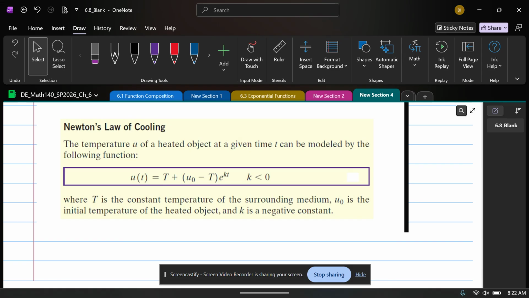This stuff's fun because y'all ever watch the crime shows? One of the things that the crime shows do, when there's a murder or something like that, is they always try to find time of death, right? Because you've got to create a timeline to figure out who did it. So time of death is determined based on temperature of the body when they find it.